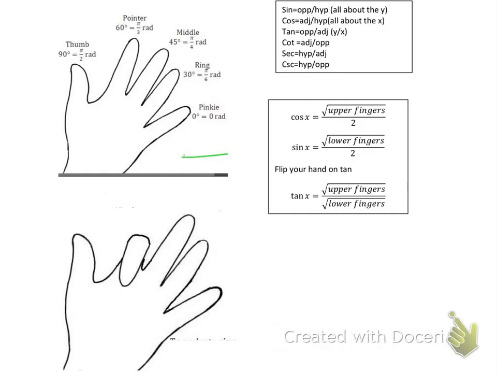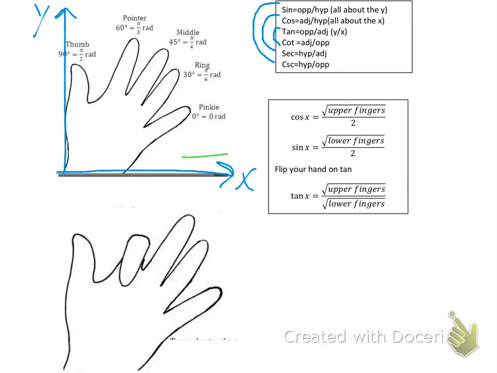You can see over here I've provided the rainbow, and just another informal definition of sine: it's all about the y, and cosine's all about the x. If you imagine that this is the y-axis where your hand is, and this of course would be the x-axis.